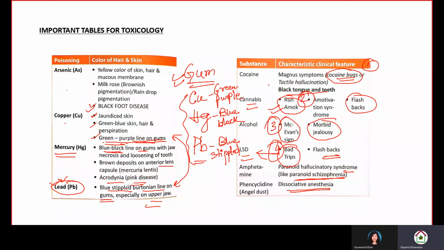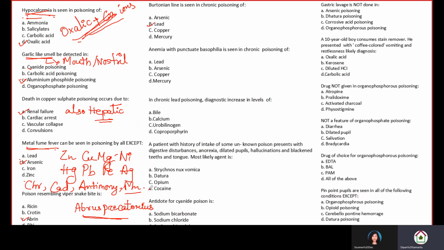This blue stippled Burtonian line is seen on the gums in almost 70% of cases. And another thing is that it appears due to subepithelial deposit of granules.